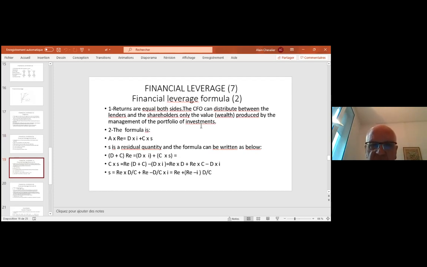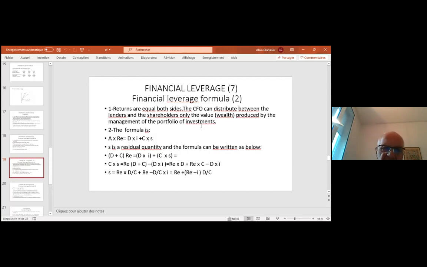That means the formula is, if you call the left side the portfolio A, the return you produce in terms of monetary unit is A, the total amount of the left side, multiplied by the return of this portfolio, RE. So the cash which is available is A multiplied by RE. And this can be distributed between the lenders and the shareholders.